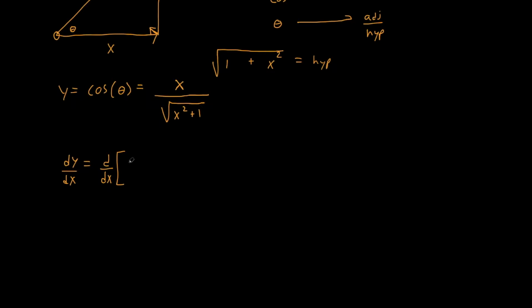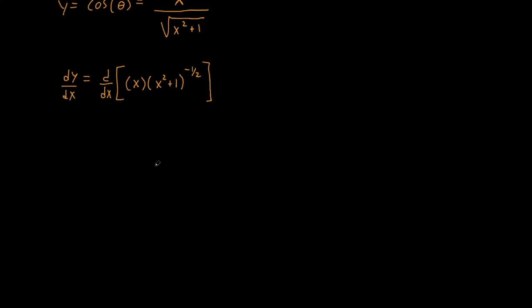So we'll write x times (x squared plus 1) to the negative 1/2. Then from there, we can break this problem up further using the product rule. So we have x as the one function, and then this whole business over here as the other function.